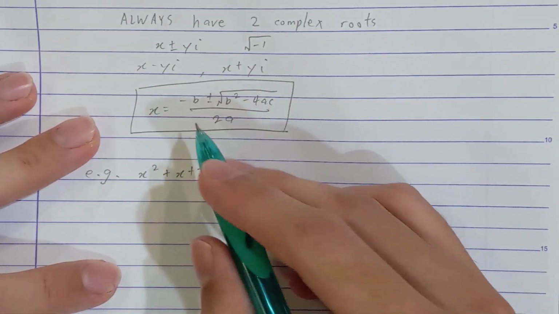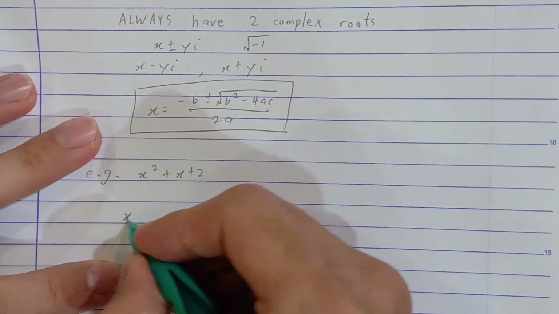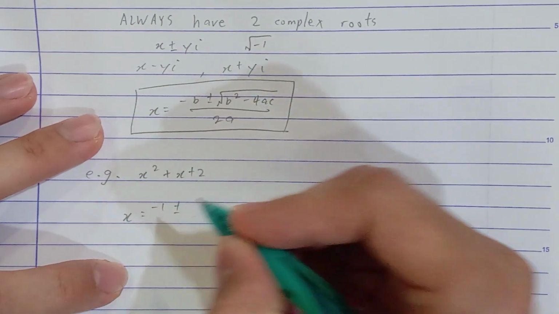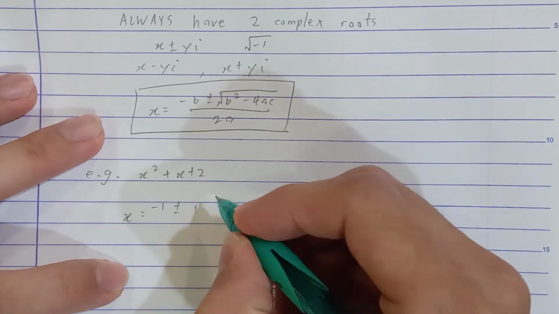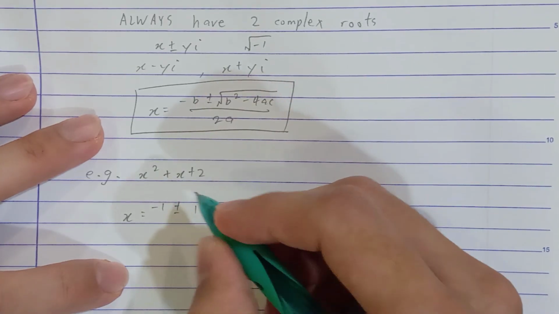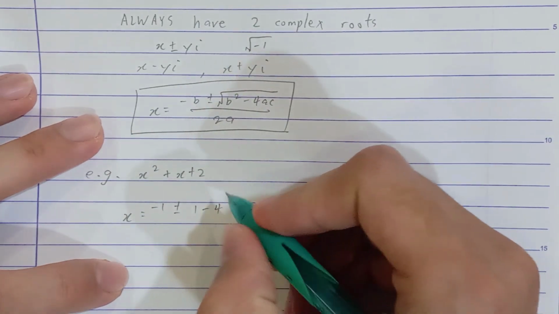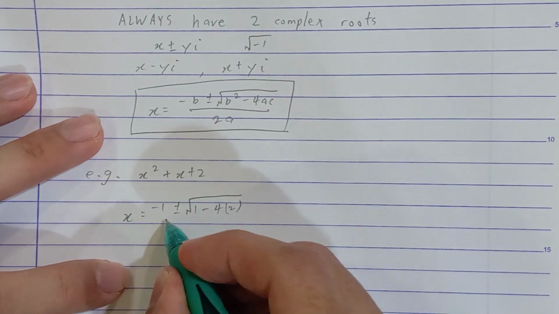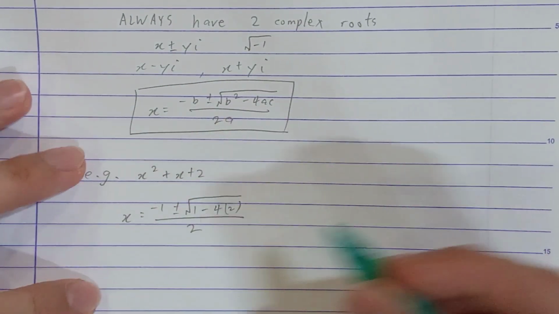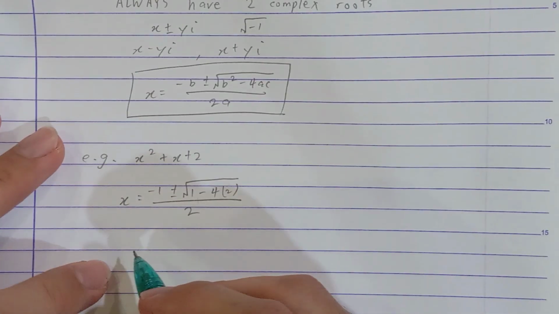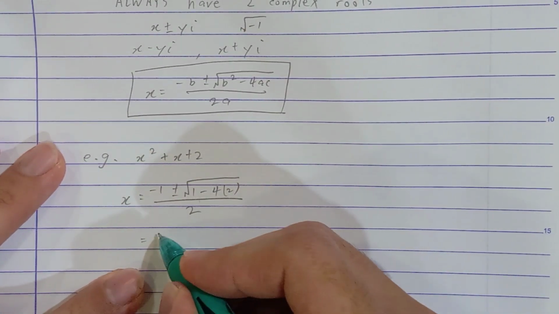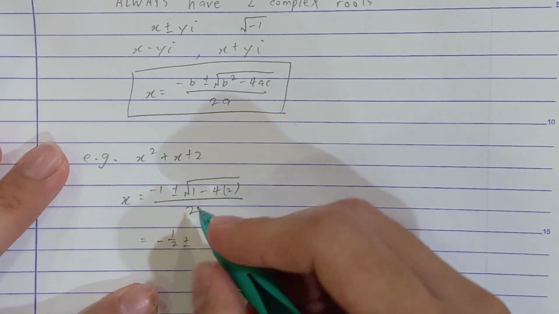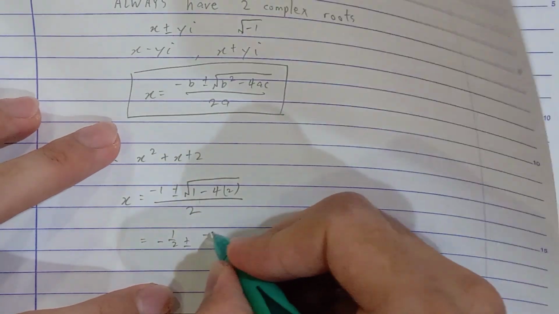So you use this formula, x equals negative b plus minus the square root of b squared minus 4ac, where a is 1, so I'm not going to write that, divided by 2a. Then simplifying it, 1 minus 8 is negative 7.